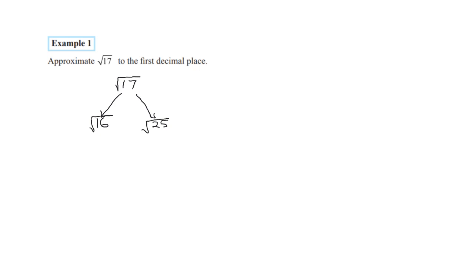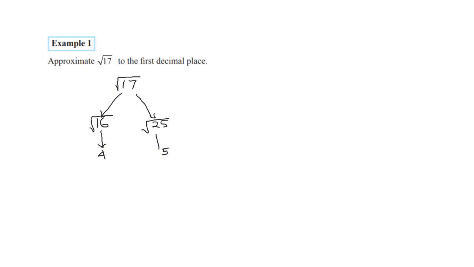The square root of 16 is equal to 4. The square root of 25 is 5. Now your answer, square root 17, will be in between 4 and 5.